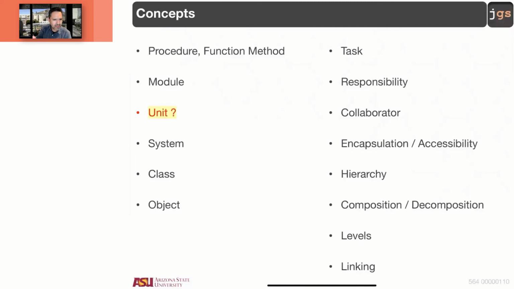Can you help me? What is a unit? A method. Well, a unit. What do you do in unit testing? You test units. You test one method or one class.